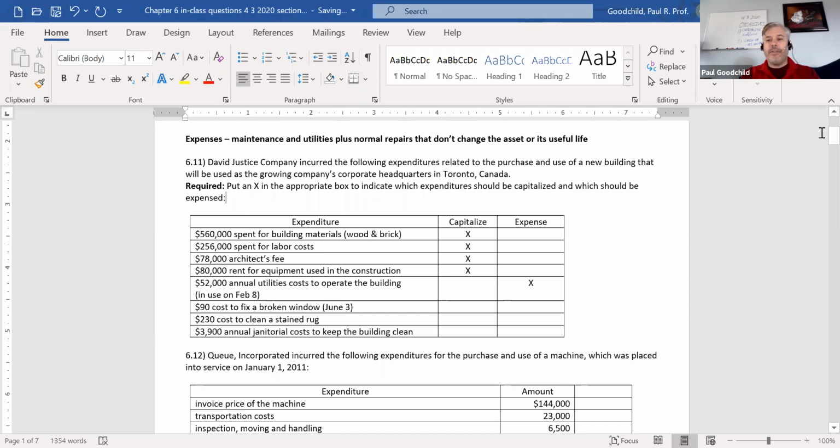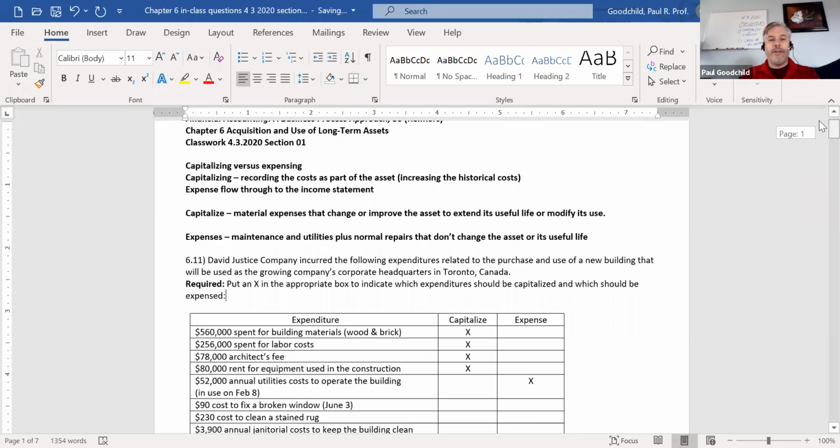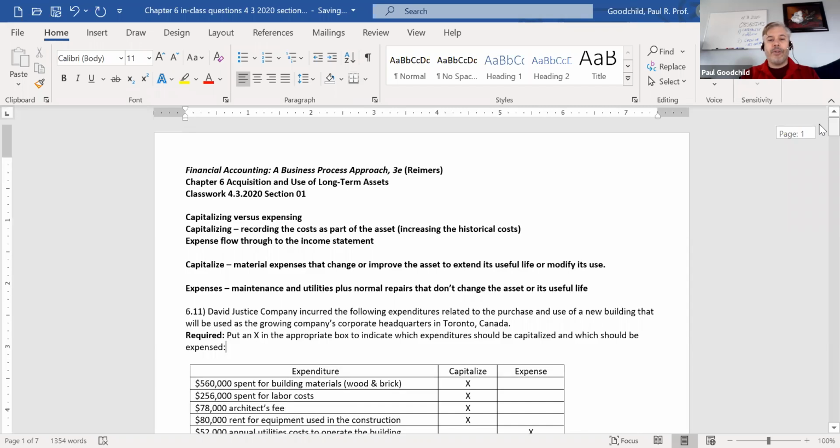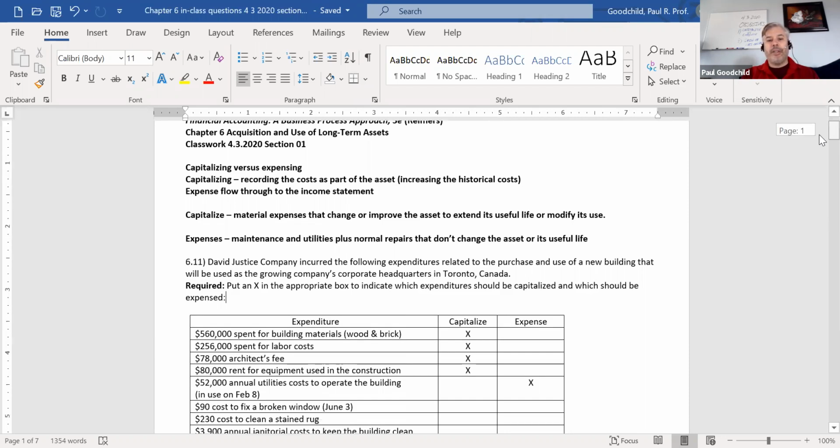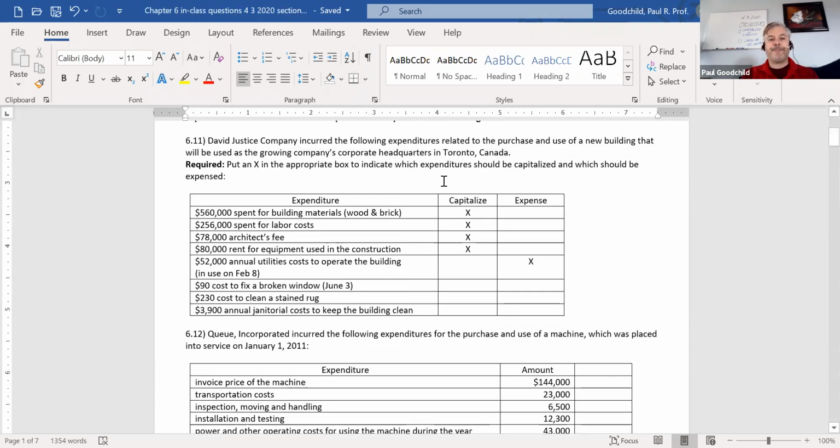Somebody asked, what is the definition of capitalization? Essentially, recording the costs as part of the asset. They might be slightly different in the textbook, but I think that's fairly accurate. They have this building that they acquired, and when you capitalize something, you put it on the books as an asset and you depreciate it over the long term.